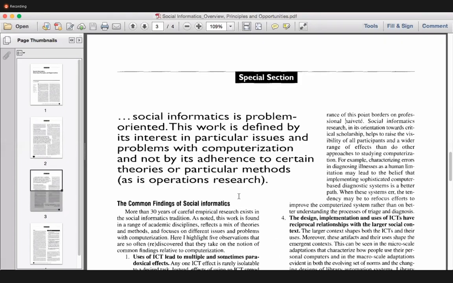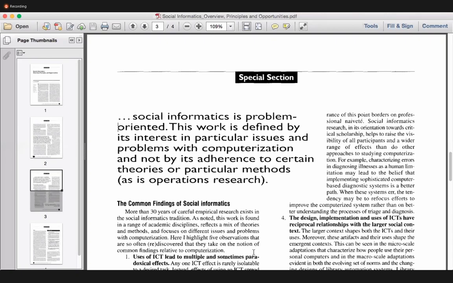In other words, what are the observations people have seen which are very important? In greater detail, you will hear more about how use of ICT leads to multiple and sometimes paradoxical effects. When we talk about multiple and sometimes paradoxical effects, that is what I talked about, the duality of technology: it has both the positive and the negative.